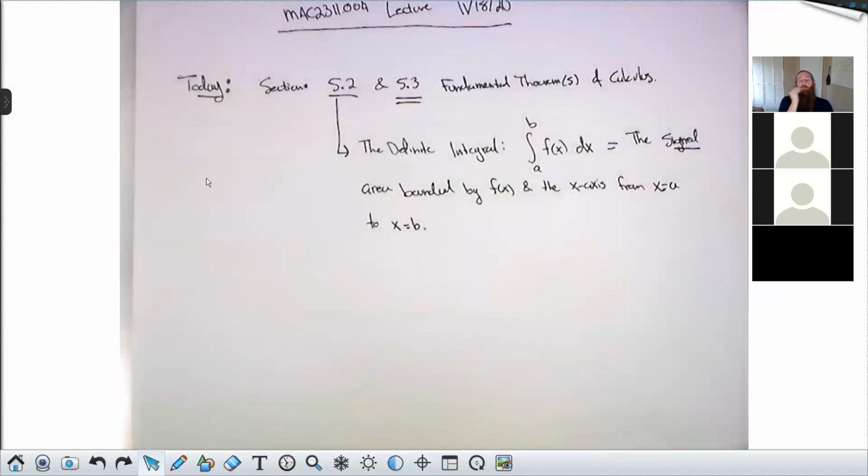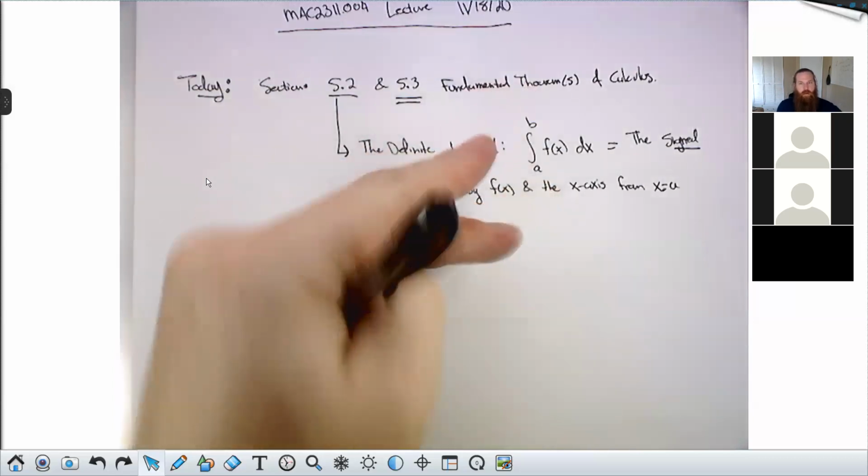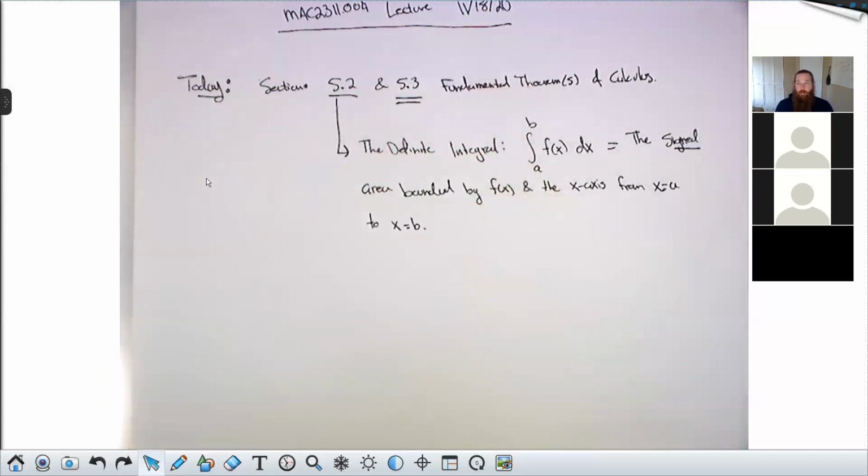And last time we spent pretty much the whole class just going over properties, like the integral from a to b of f of x is the negative of the integral from b to a of f of x. In other words, if you flip these bounds, the thing spits out a negative, or constants pop out, or you can split it up over addition and subtraction, all of those things.